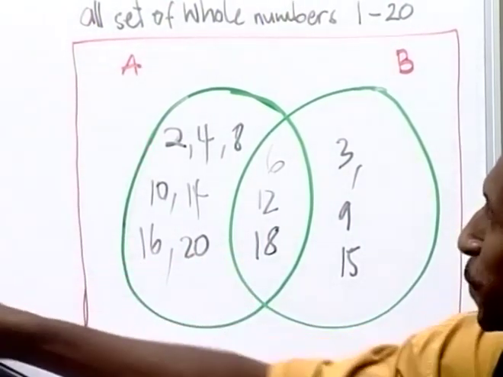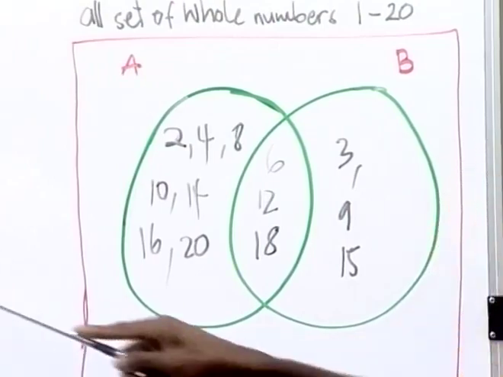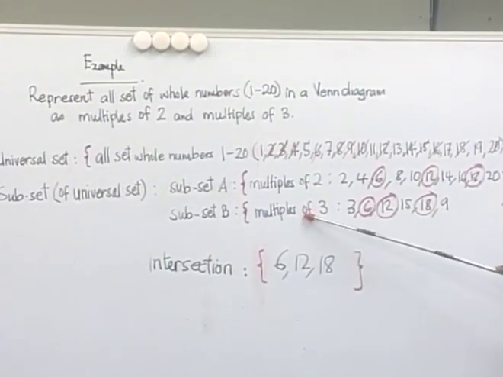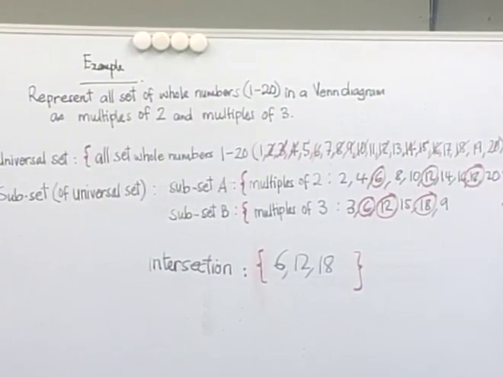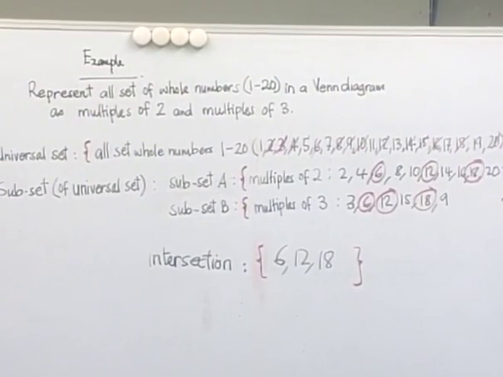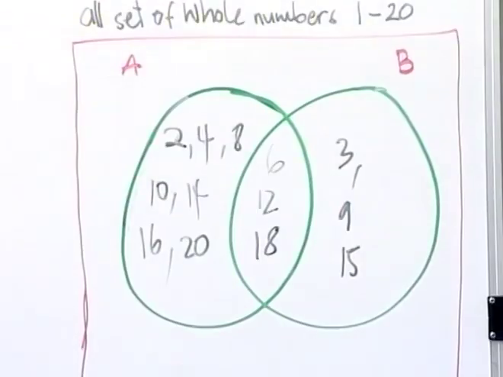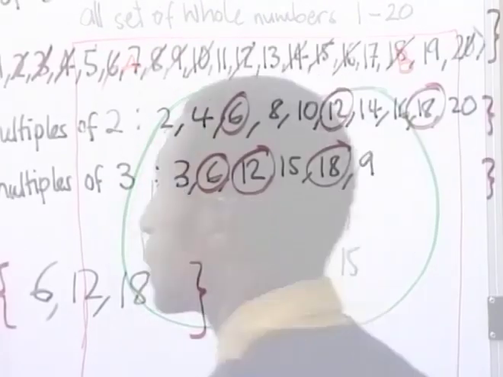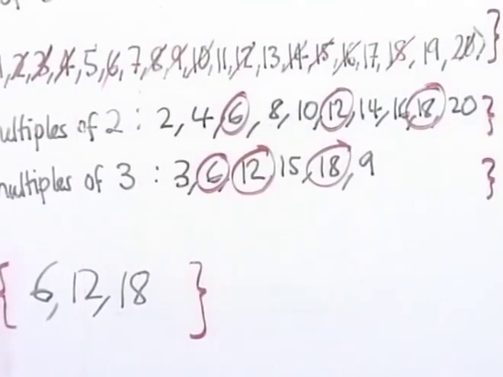What about these numbers which are not multiples of 2 and multiples of 3? Where do we place them? Outside the circle? Inside the square. We have them inside the square: 5, 7, and so on.